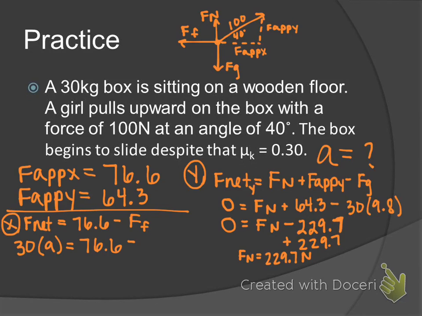And how do we solve for frictional force? The coefficient. Good. Coefficient times the normal force. So that's where that 0.3 comes from, right? 0.3 is our coefficient, and 229.7 is our normal force. So that's just a substitution that happened. Okay, are we seeing that? Yeah. Okay, so now let's do that math.